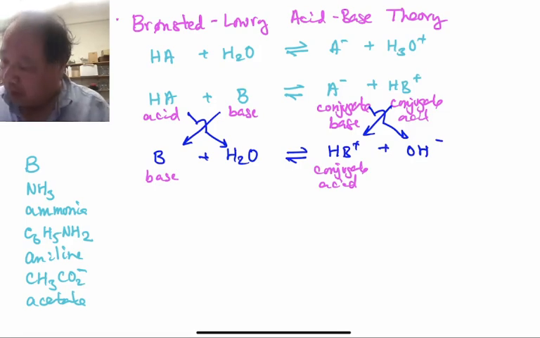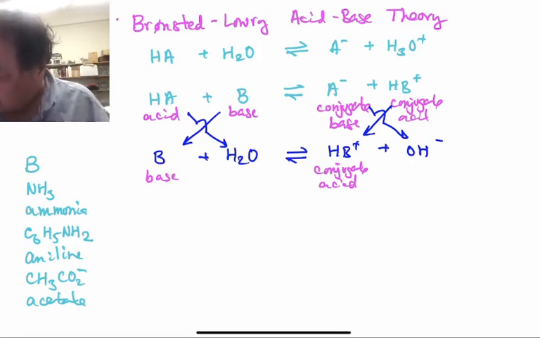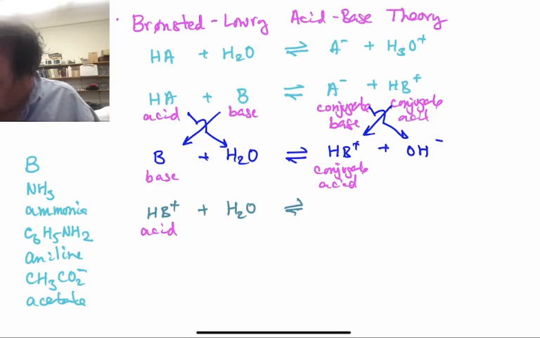And let's explore conjugate acids. So we're going to look now at this HB plus. It is an acid, so we're going to treat it as an acid here. And we're going to react it with water. And when it reacts with water, HB plus is the acid.